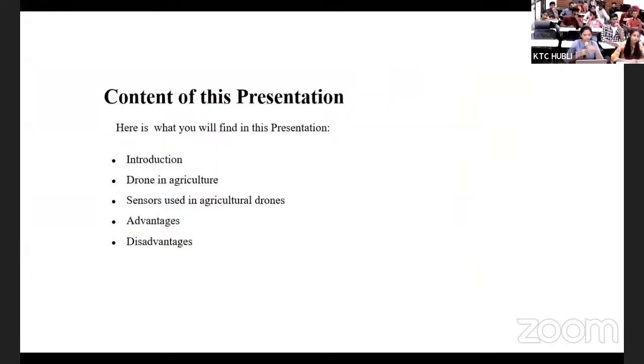First I will start with an introduction. The introduction of drones in horticulture has revolutionized the way farmers approach crop monitoring, irrigation, and pest control. Drones are equipped with advanced sensors, cameras, and technologies that allow farmers to collect precise data on crop health and growth rates.